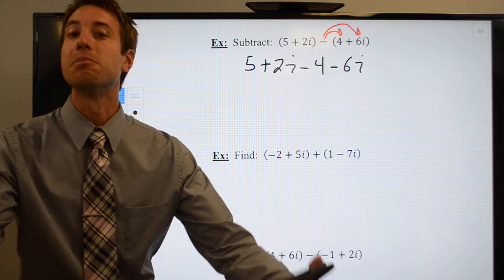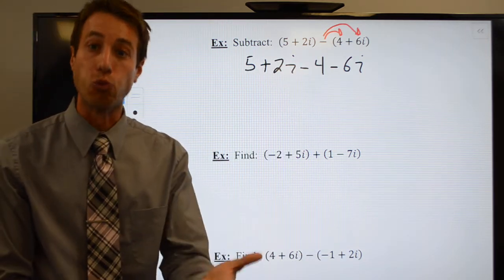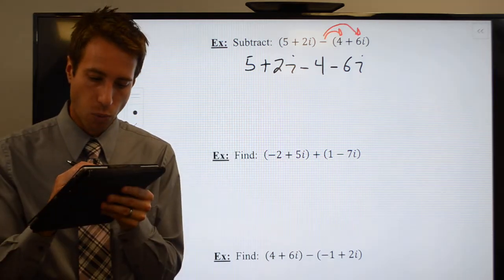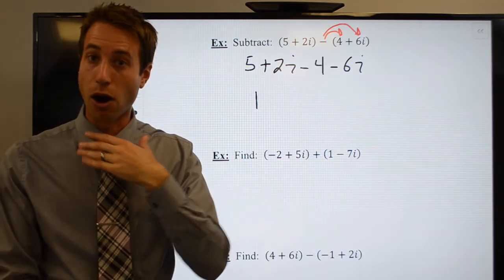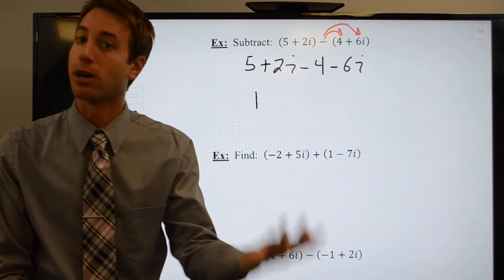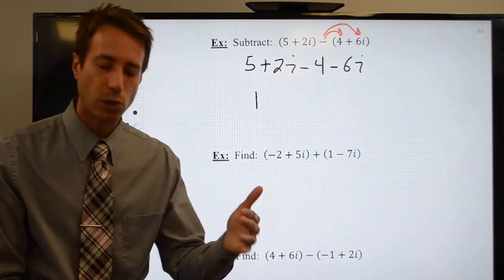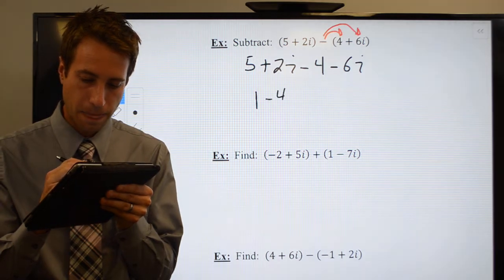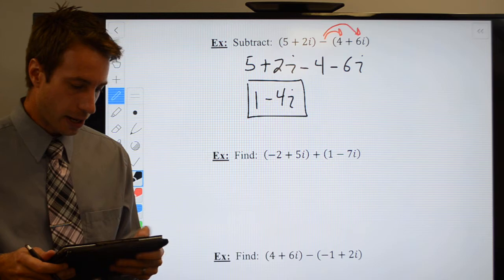And again, combine like terms. 5 and 4 are my real numbers. 5 minus 4 would be 1. 2i and -6i are both imaginary, so those are like terms. Let's put them together. A positive 2i minus 6i leaves me with -4i. And that's it.